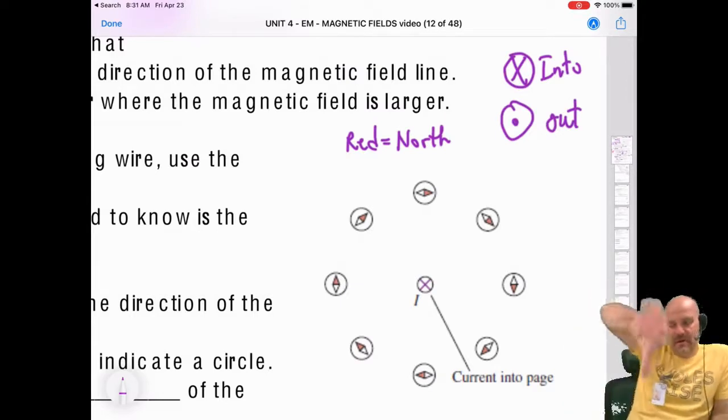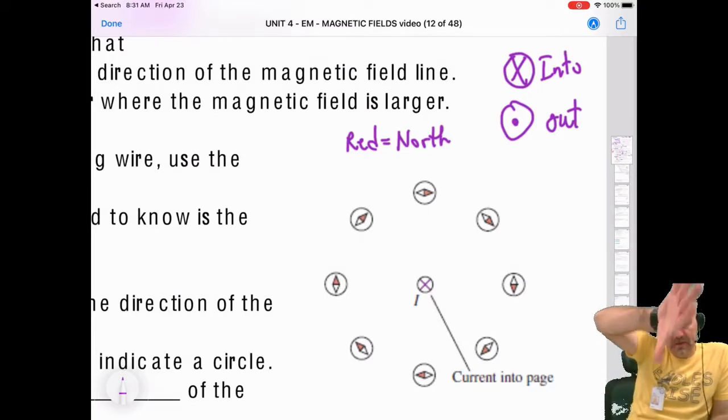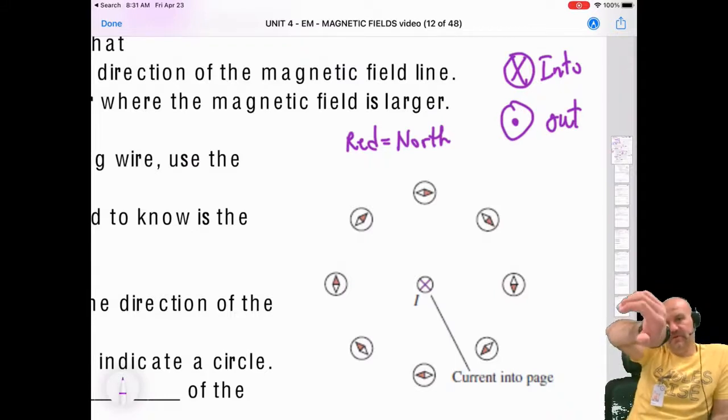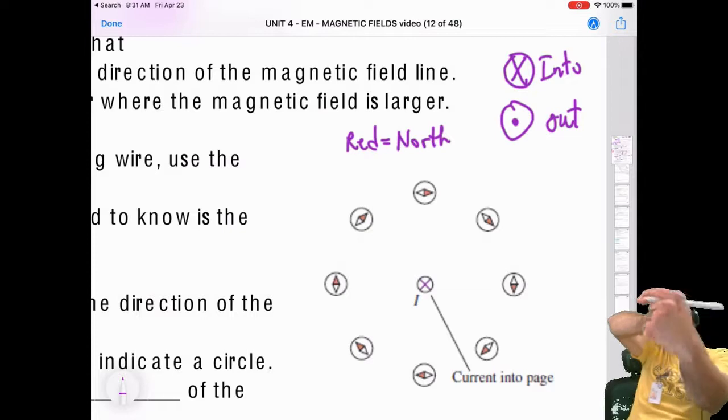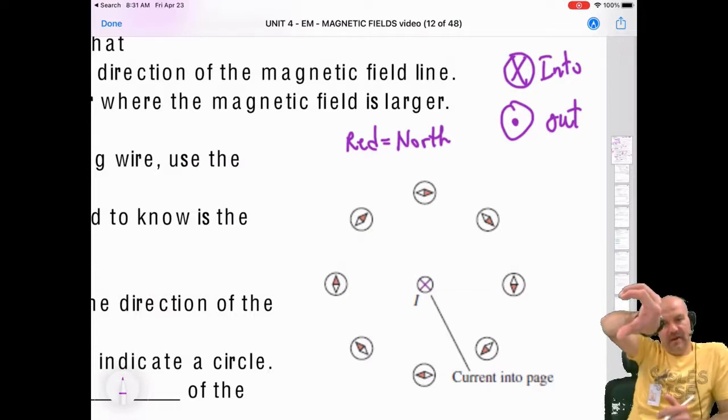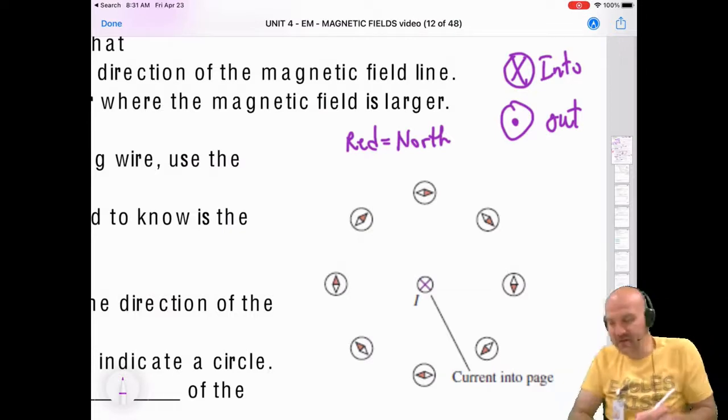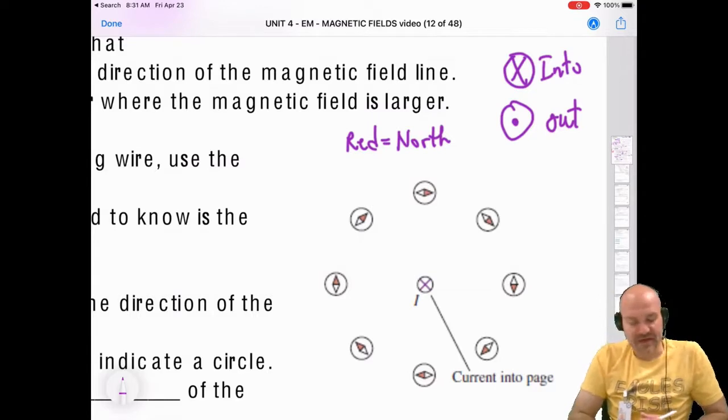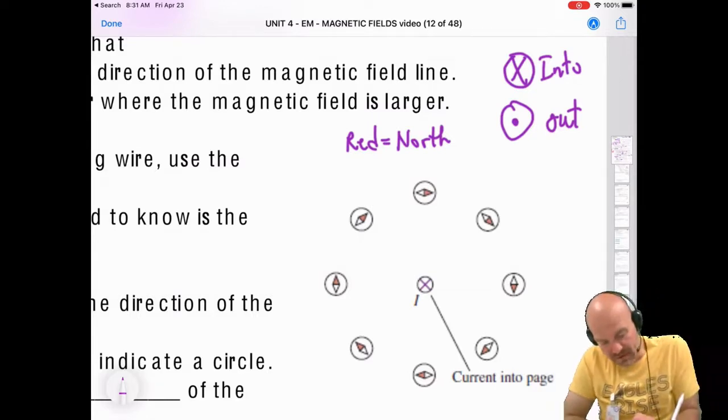So I take my thumb, I'm going to pretend I'm on my iPad, and point it in the direction of the current. And I curl my fingers. If it's into the page, away from me, my fingers curl in this manner. The thing to note is that your fingers curl in the direction of north.